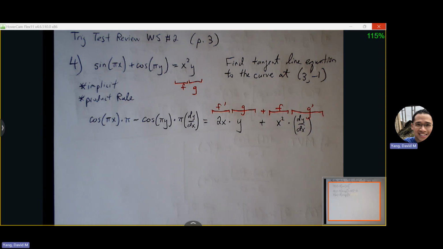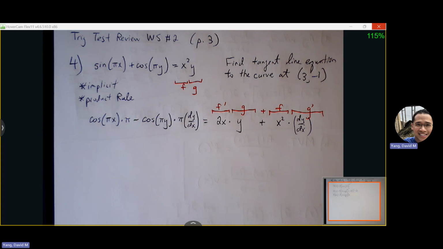Now, you may feel like you have to rearrange it and solve for dy dx, but we can save a little bit of algebraic steps here because we only care about finding slope. So we don't have to worry about isolating dy dx in terms of x and y. To save a little bit of time, we can just plug in 3 and -1 directly into this unreduced derivative, because a lot of things will cancel out and clean up.